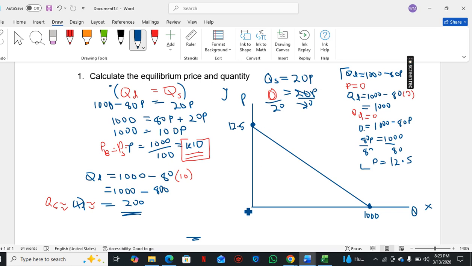Alright? So the price is 0. When the quantity supplied is 0, the price is 0. So your supply function will start from the origin here, and then go up like this.